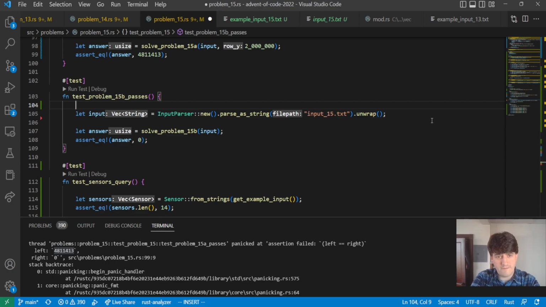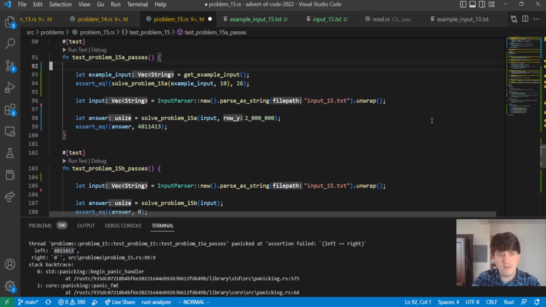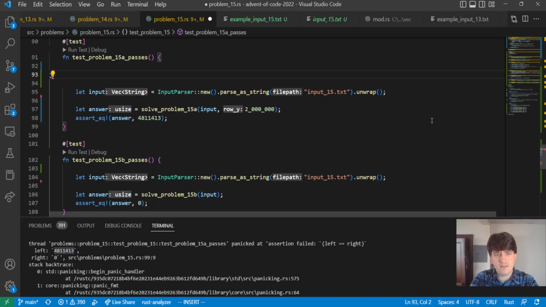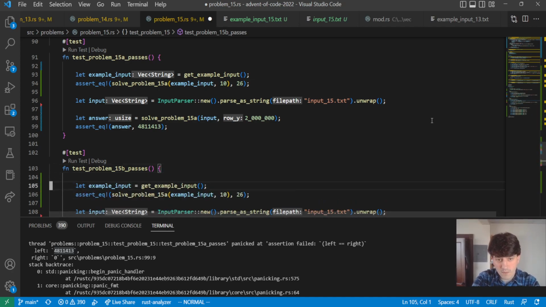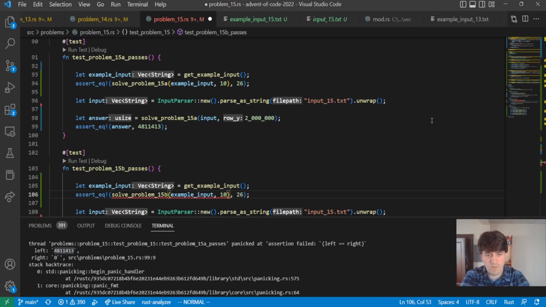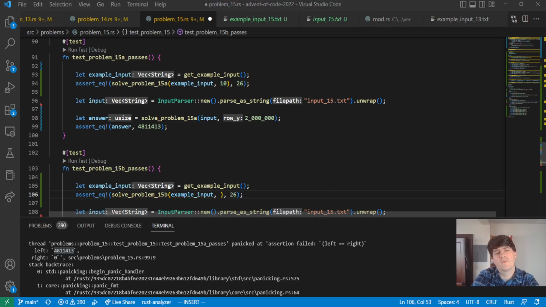So first off, let's set up our sample answer. It's no longer the 10th row. This is instead going to correspond to the bounds. So the bounds are 20, so 20 to 2020.